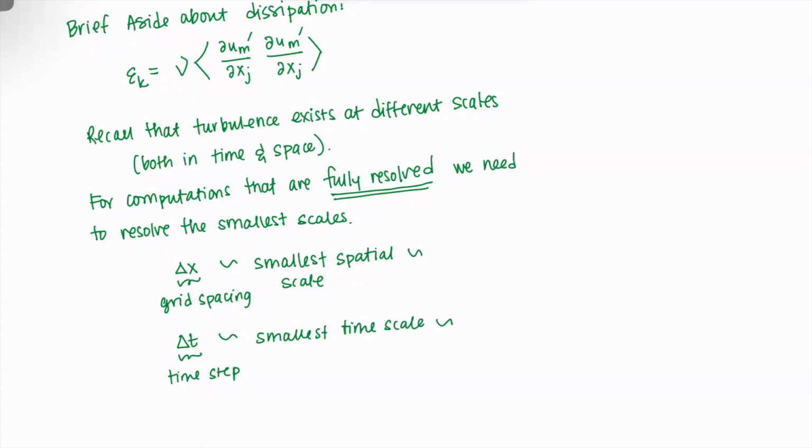These are called the Kolmogorov length scale, which I think I already mentioned earlier, but I'm just reminding you. And then the time scale is the Taylor microscale.